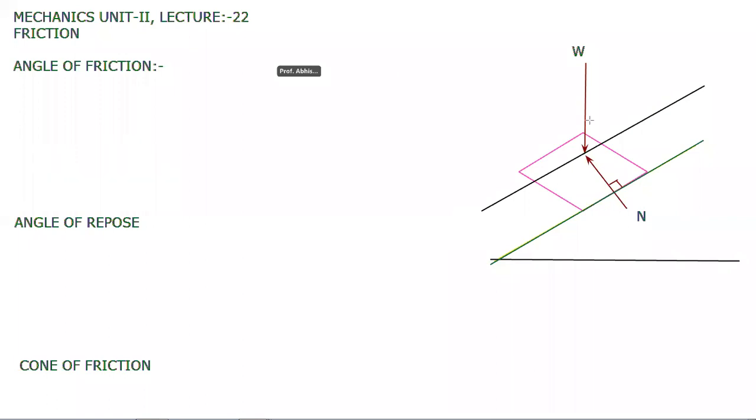One component will be perpendicular to the surface, and the next component will be parallel to the surface, and here the angle will again be 90 degrees.